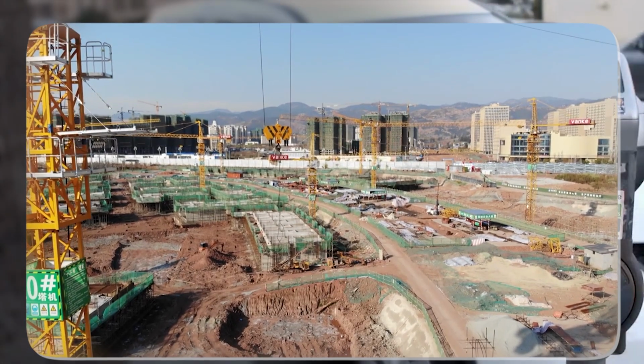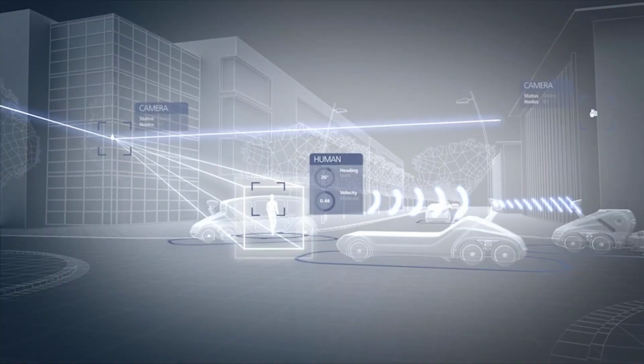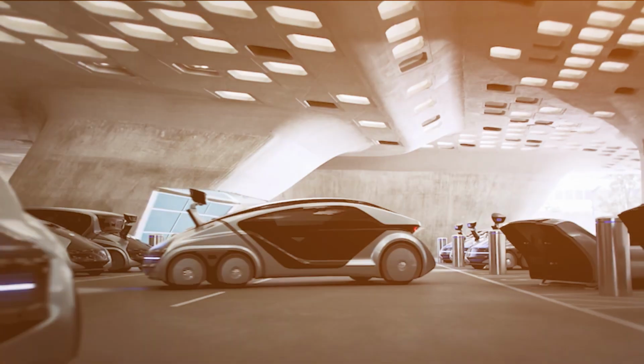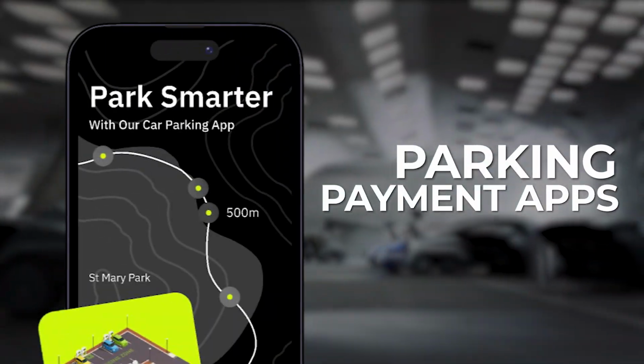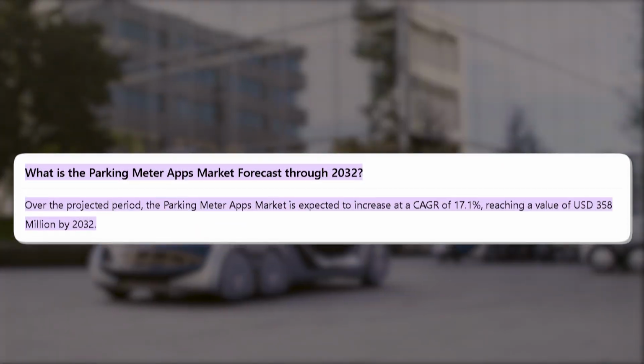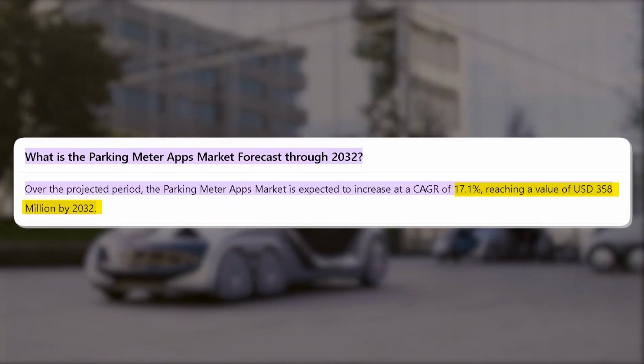Increased urbanization and initiatives towards building smart cities, clubbed with the convenience of mobile payments, have led to the emergence of parking payment apps. The global market for parking meter apps is growing at a rate of 17.1% annually and is estimated to touch $358 million by 2032.